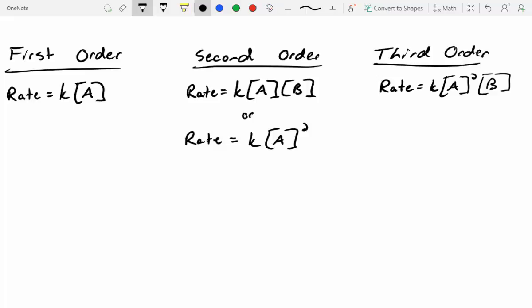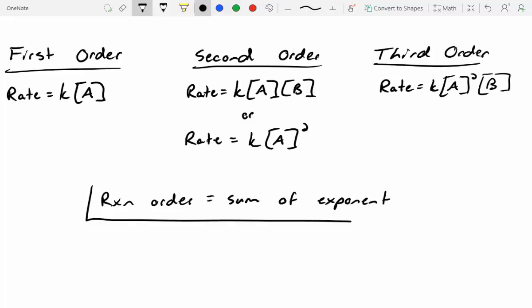Yeah, we could have A cubed, or we could have B squared times A. Really, the rate order is just the summation of all of your exponents, whether that exponent is an assumed 1 or if it's a 2. Does that make sense? Most of this review?